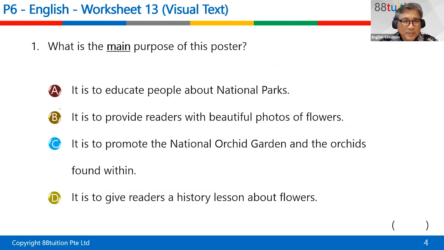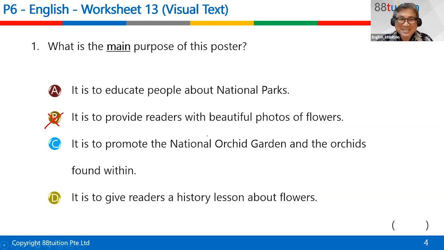All right, so the question is, what is the main purpose of this poster? To educate people, to provide readers with beautiful photos of flowers, promote the NOG and the orchids, or is to give readers a history lesson about flowers. So which two are definitely out? This is definitely out, right? It is to provide readers with beautiful photos of flowers.